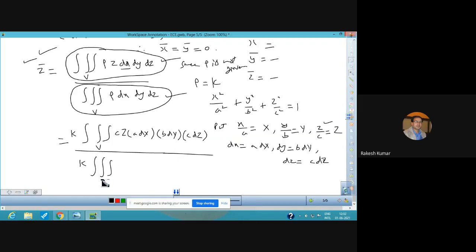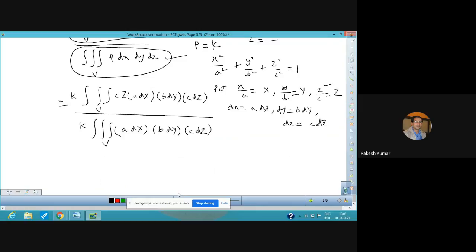And similarly, in the denominator, we shall have a dX, b dY, and c dZ. And obviously, K from the numerator and denominator is cancelled out. But here we have abc square, so abc square can be taken common. Inside we shall have Z dX dY dZ.